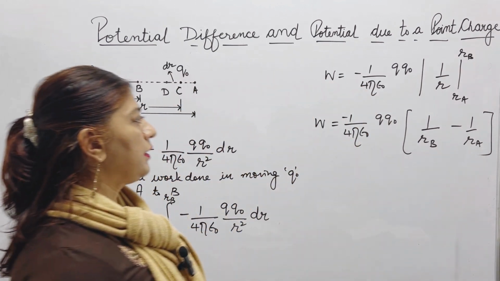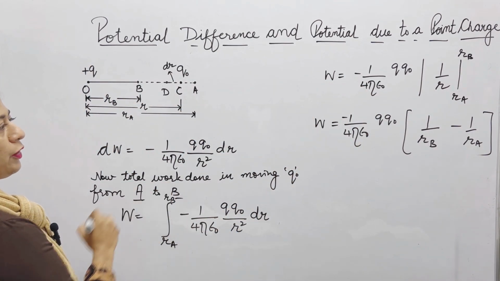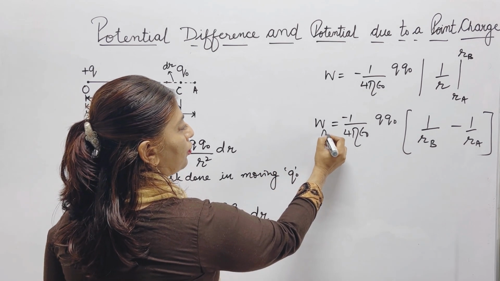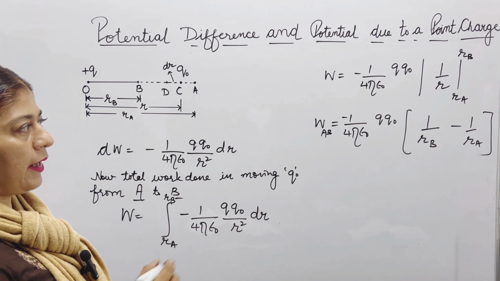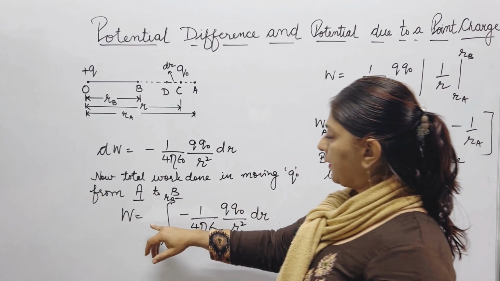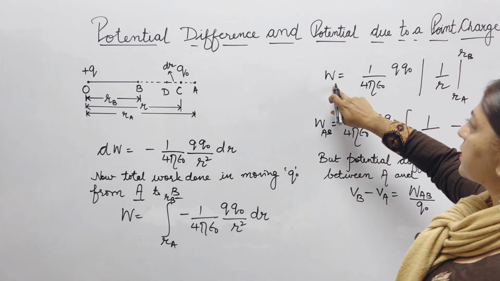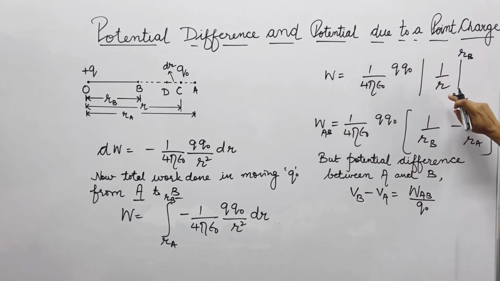Now we see that this is the work done in moving the charge from point A to B. So we denote it by the work done W AB, and this is the equation for the same. On integrating, we have got this work done is equal to 1 by 4 pi epsilon naught q naught 1 by r and the limits. On putting the limits, we will get this equation.